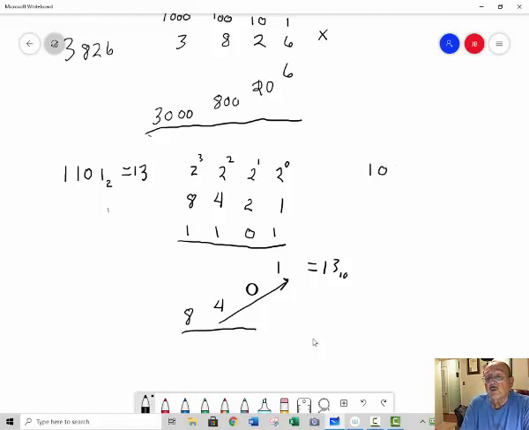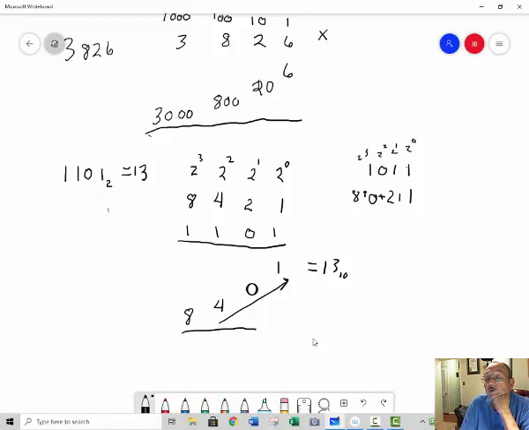Okay, so let's take another one here. Let's suppose that I've got 1011. Well, based on what I'm saying here is I've got a 1, I've got a 2, I've got a 0, and I've got an 8. Keep in mind, this is 2 to the 0, this is 2 to the first, this is 2 to the second, and this is 2 to the third.